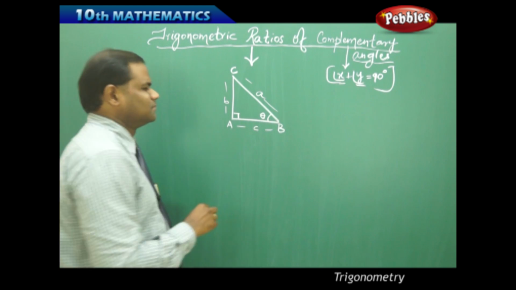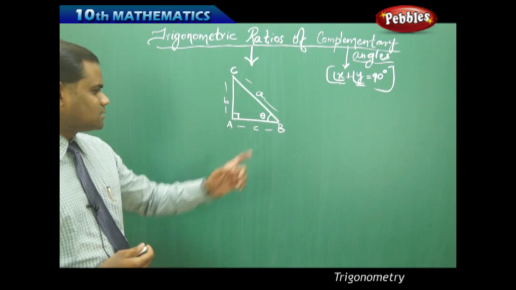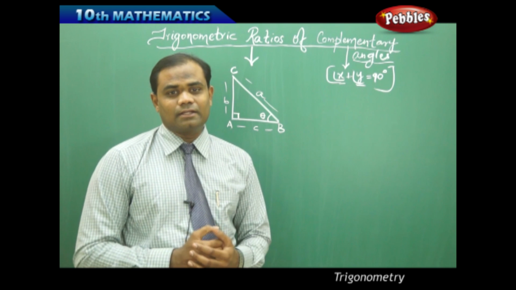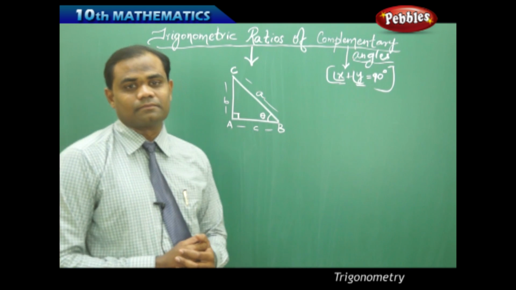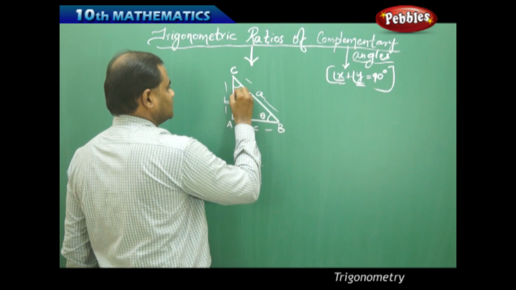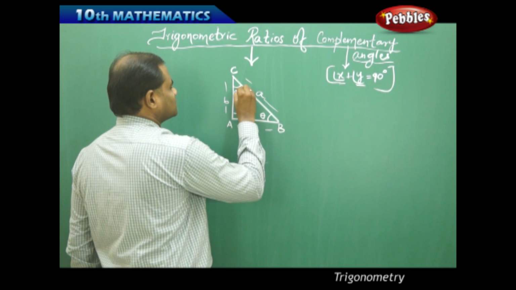Then if this is theta and this is 90 degrees, we know that the sum of all three angles of a triangle is 180 degrees. Therefore, this being 90 and this being theta, obviously the third angle would be 90 minus theta.